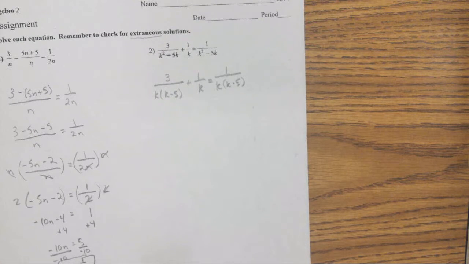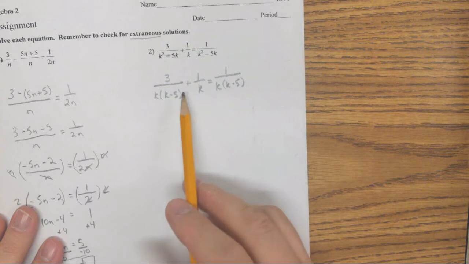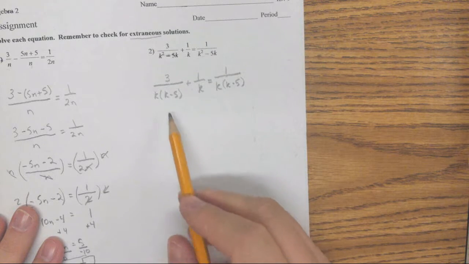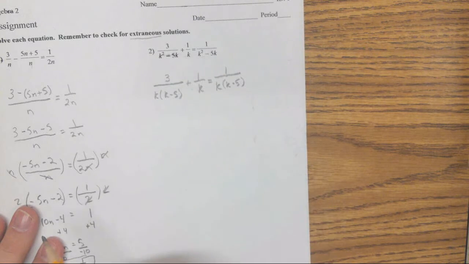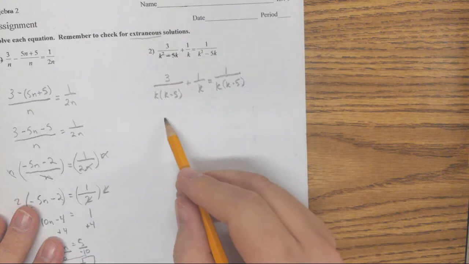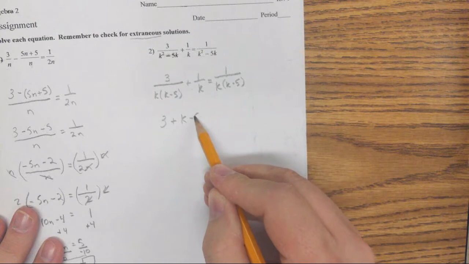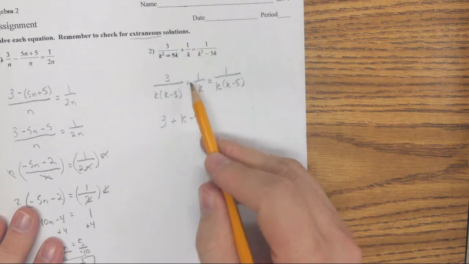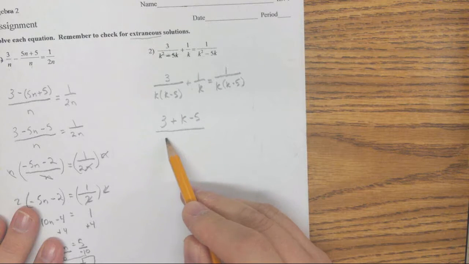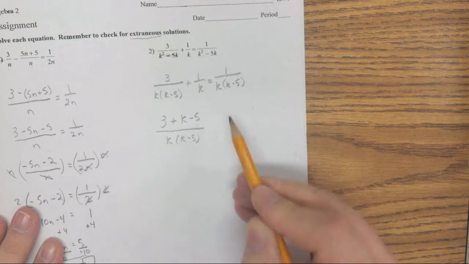Okay. Go through like we did before. Find our common denominator on this side, simplify as much as we can. K times K minus 5 is our common denominator. I'm not going to have to do anything to this one. Over here I've got 3 plus K minus 5 when I multiply the 1 by K minus 5. This is all over top of K times K minus 5.